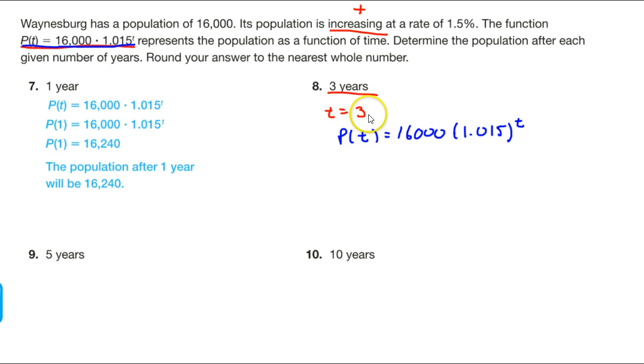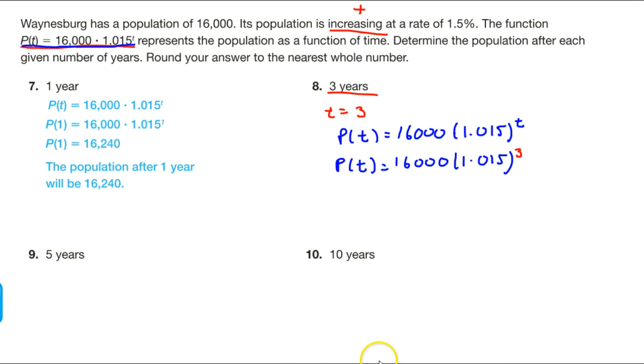Which means that if we know what t is, all we have to do is plug it in, and we're pretty much done. Our second line can be written as follows: 16,000 times the quantity of 1.015, and instead of t, we're going to substitute that value, because we know that t is equal to 3, for 3. You can then use your calculators, guys.